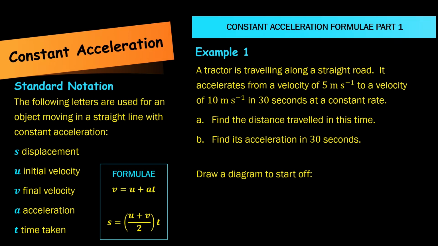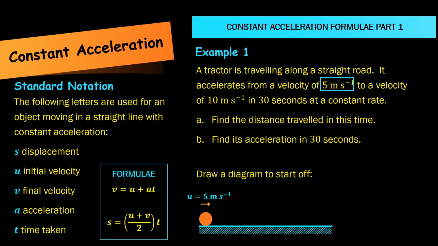So let's draw a diagram to start off with to see what's going on. Suppose this is our tractor. It has initial velocity u equal to 5 meters per second. And it has a final velocity of 10 meters per second in 30 seconds.